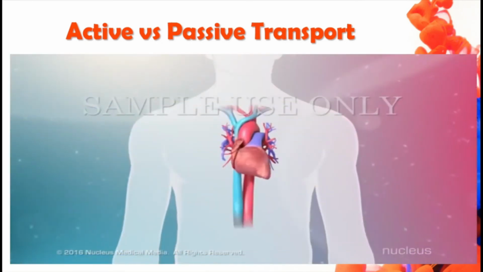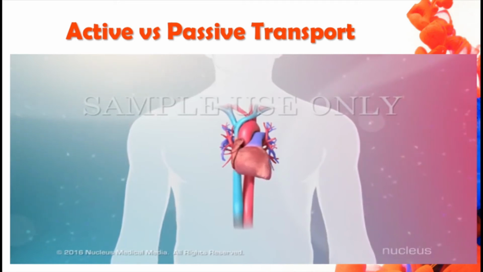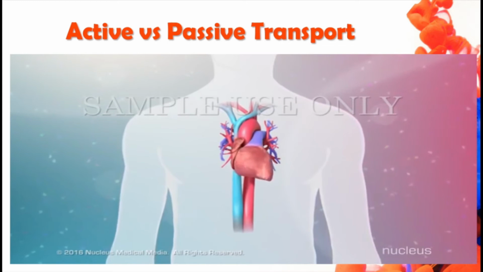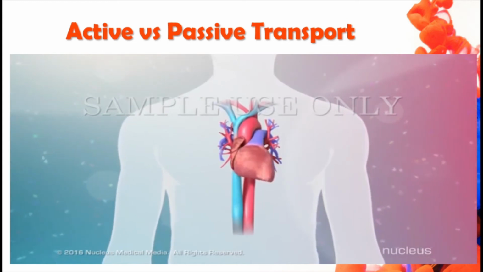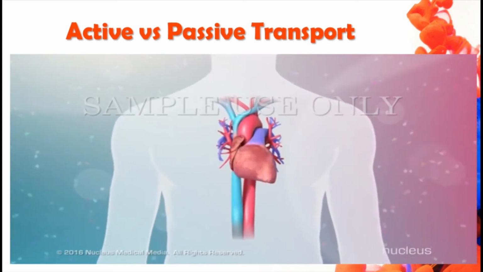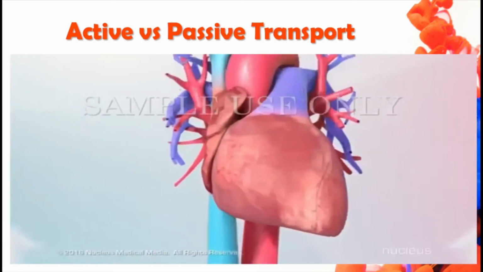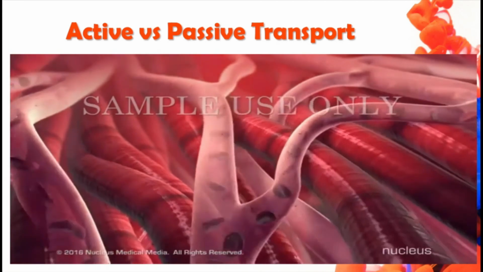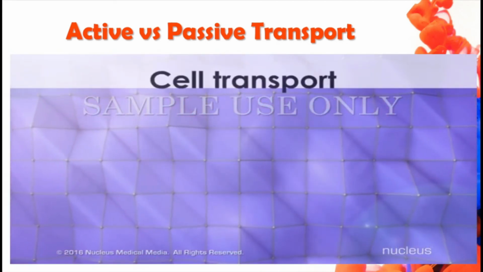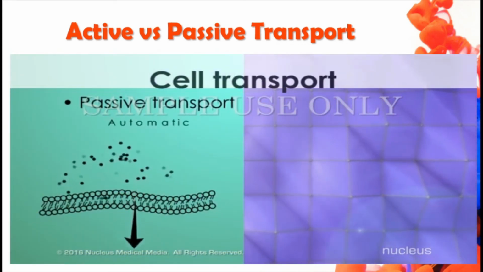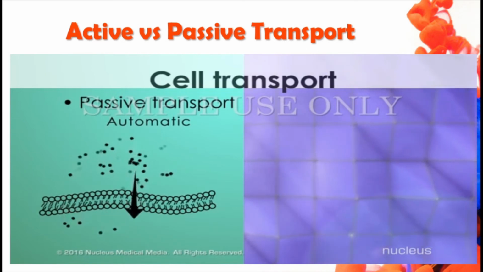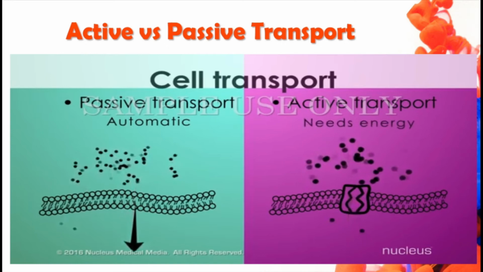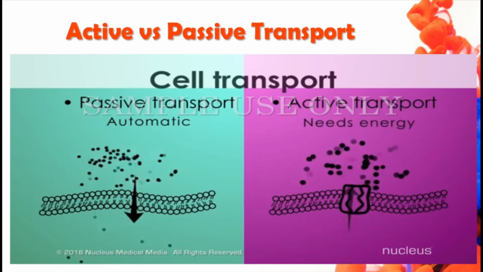An important example is seen in your heart muscle cells. In order for your heart to beat, there are certain molecules that have to move from an area of low concentration to an area of high concentration for those cardiac muscle cells to work. So the main things to remember are: passive transport happens automatically with no energy required, while active transport needs energy for it to occur.